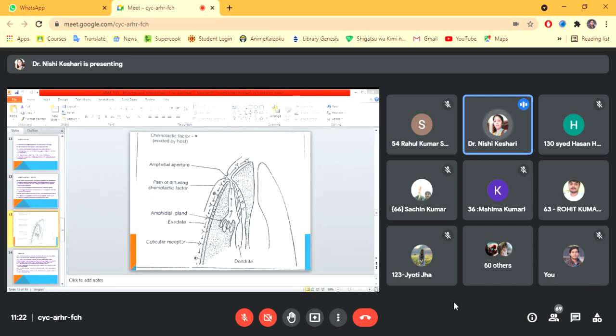They have to meet the root exudate. Root exudate means any liquid part that is exuded from the roots. Through this they sense, and you can see here this is the amphid, the amphidial opening. Here is the amphidial gland.